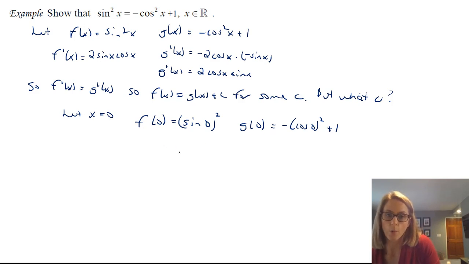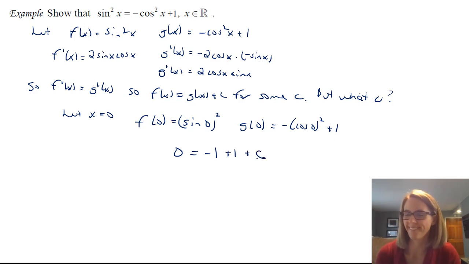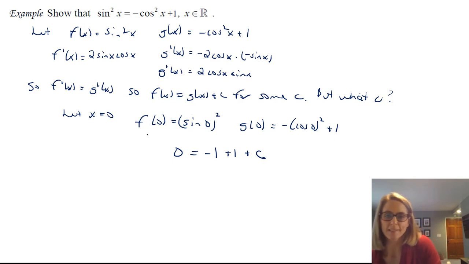And so we are told that 0 must equal negative 1. Cosine of 0 is 1. Square that is 1. Negative 1 plus 1 plus c. That's the idea here. Because this is f of 0 and g of 0 plus c, that tells us that c equals 0.